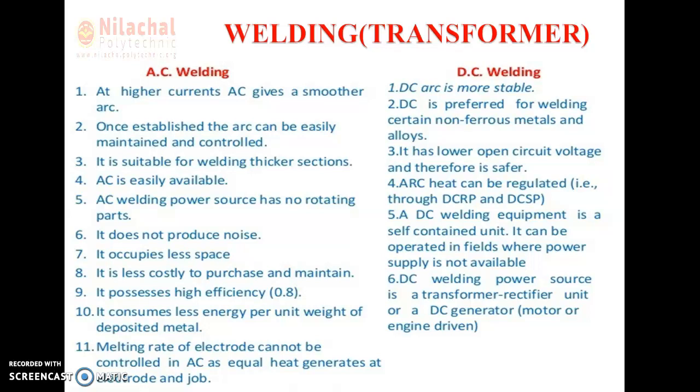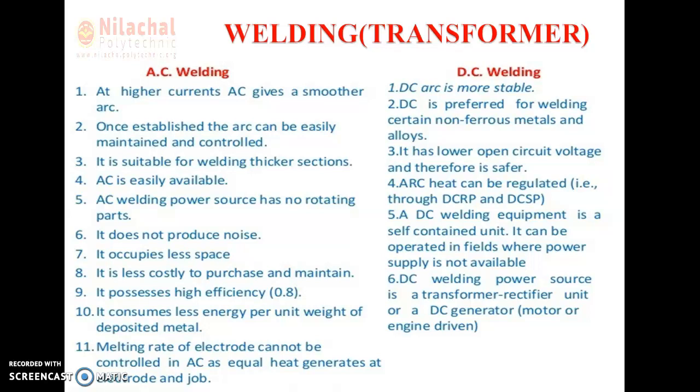Now, in arc welding, let's discuss some points about the transformer. Basically, we use two types of transformer for the arc welding process: an AC transformer and a DC type. Here is the comparison between them. As far as AC welding is concerned, it has higher current, and AC gives a smoother arc.